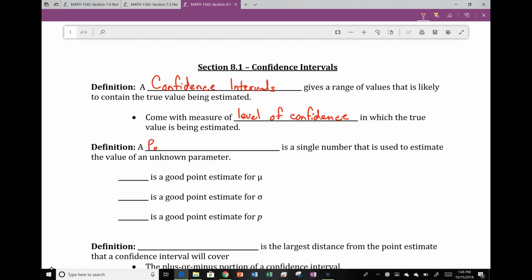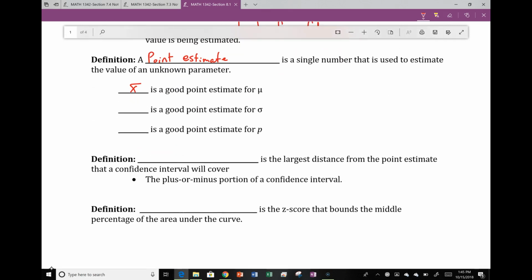A point estimate is a single number that is used to estimate the value of an unknown parameter. Remember, parameters are talking about the population. We very rarely ever get an actual parameter, so we have to estimate that. So x bar, our sample mean, is a good point estimate for our population mean.